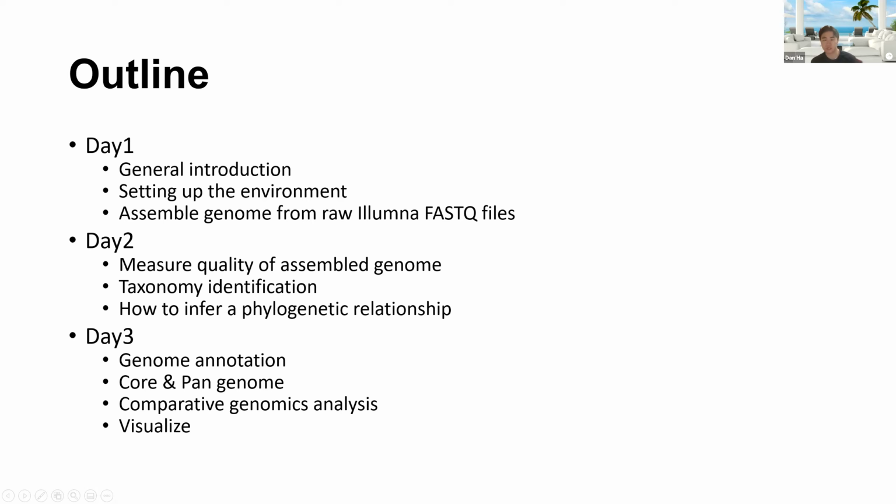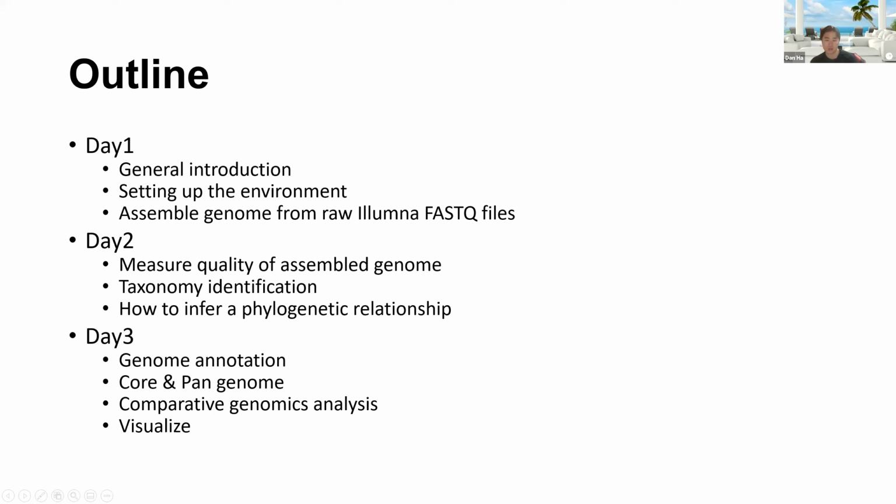For day 2, once you have the assembled genome, you're going to measure the quality of the assembled genome. We're going to learn how to identify the species level with both 16S rRNA, which is a marker gene for species delineation, and using the whole genome.